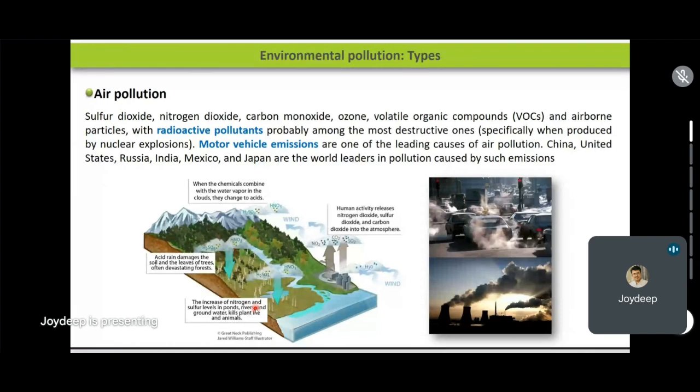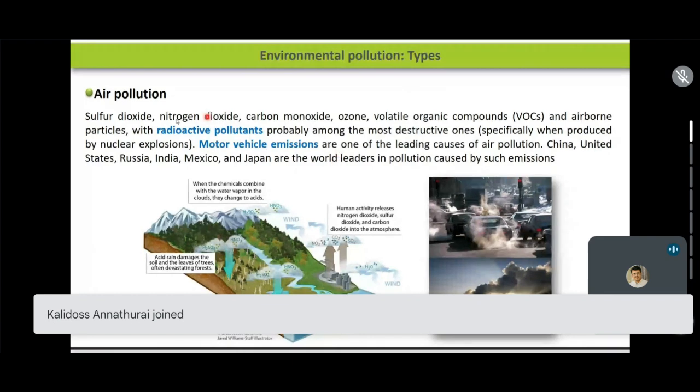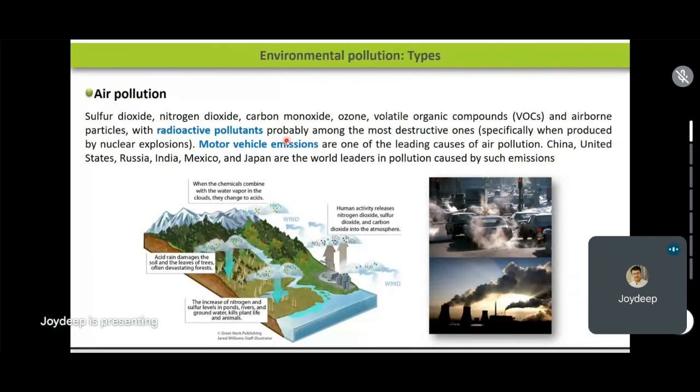So air pollution, for example, sulfur dioxide, nitrogen oxides, carbon oxides, ozone, VOCs, or what we know as volatile organic compounds, and other airborne particles, along with radioactive pollutants, are probably the most destructive ones that we can talk about. Adding to these are the motor vehicle emissions, that is the automobile exhausts, which are severely polluting the environment. We are very much aware of these kinds of images, right?